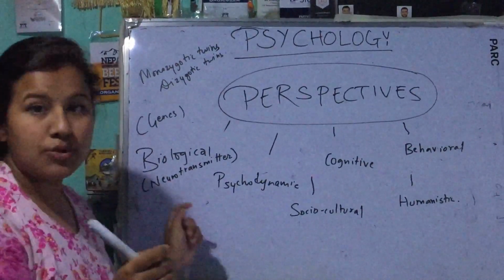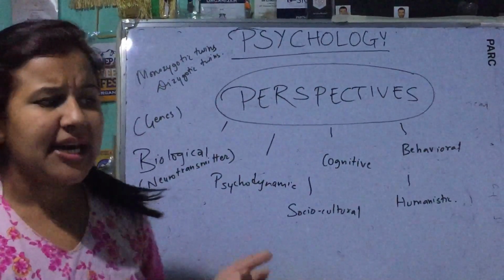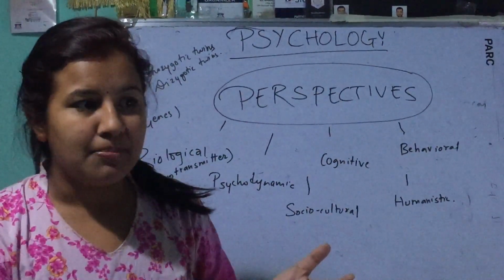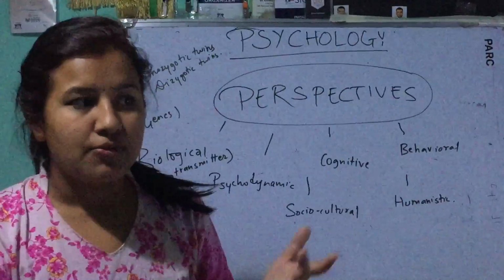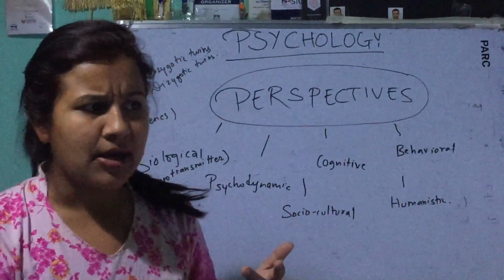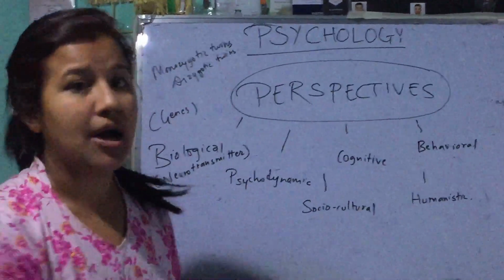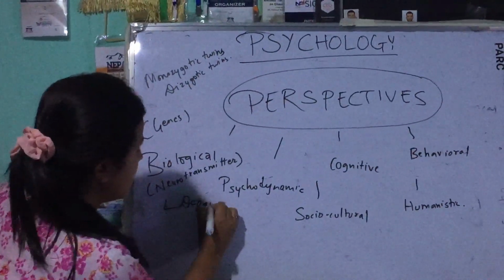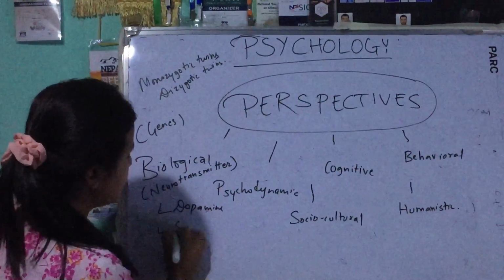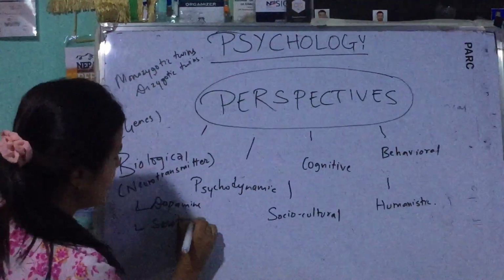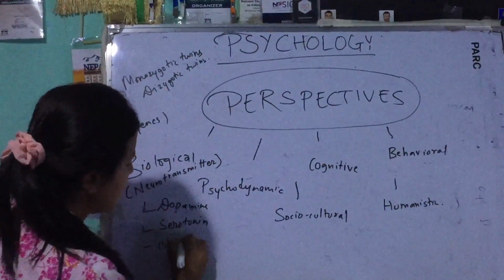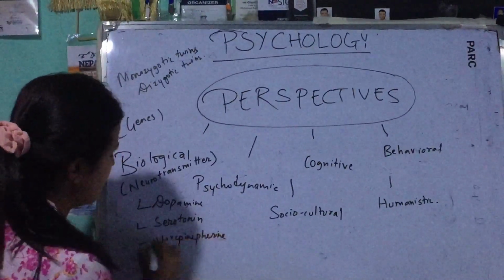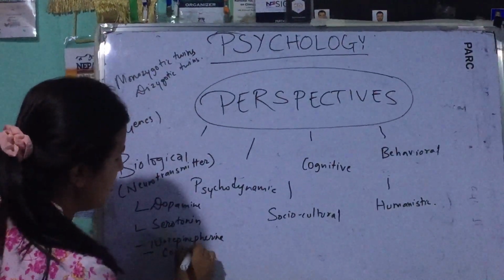The second one is neurotransmitters. Science claims that we have so many biochemicals that I almost forget, but three to four kinds of biochemicals that we psychologists use are dopamine, serotonin, norepinephrine, and cortisol.